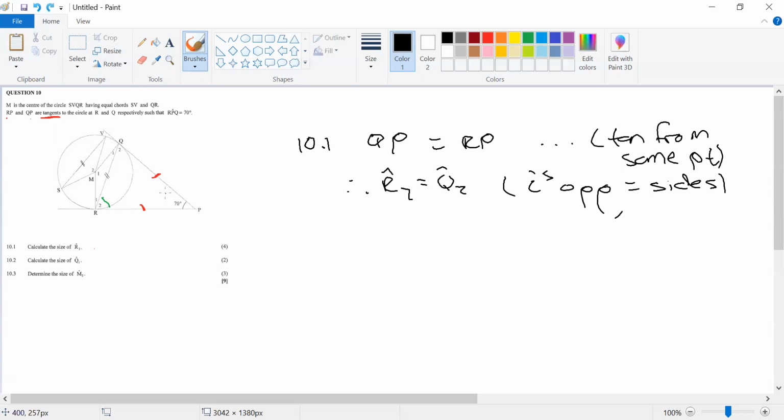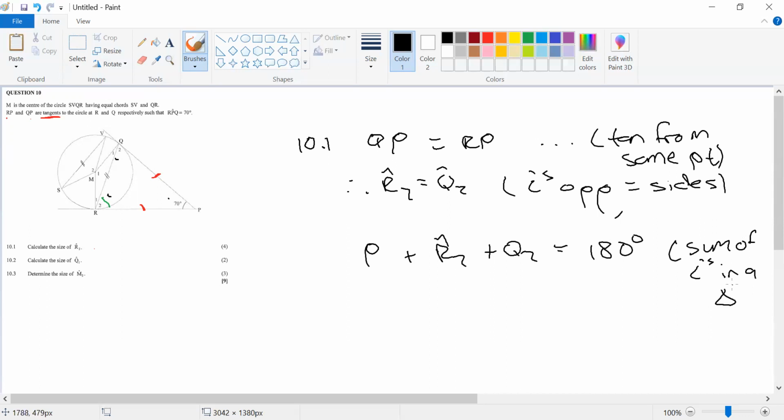So angle P, the one at the top, plus angle R2, the angle we are trying to calculate, plus angle Q2, the sum of them, is equal to 180 degrees. This is the sum of angles in a triangle.